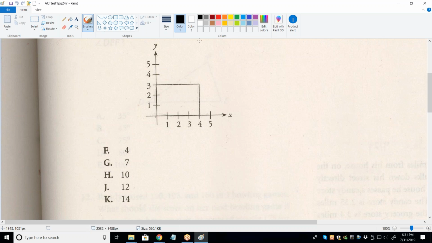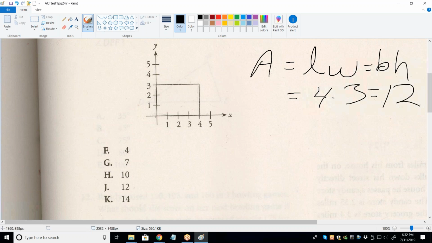Definitely one you want to remember. Yeah, it's length times width. It's the base times the height. You can write it this way or length times width, whichever way you want. It's one dimension times the other. And in this case, it's 4 times 3. So it's 12.